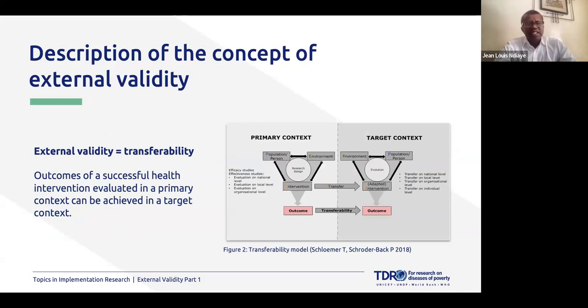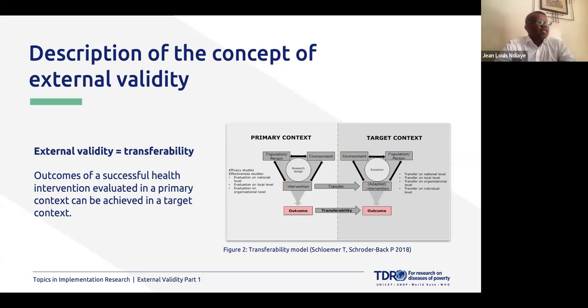The second term is transferability. About transferability, we can look at the outcome of a successful health intervention evaluated in a primary context: can it be achieved in a target context? To what extent can evidence on the outcome of a successful intervention from a particular study area be transferred to the target context?